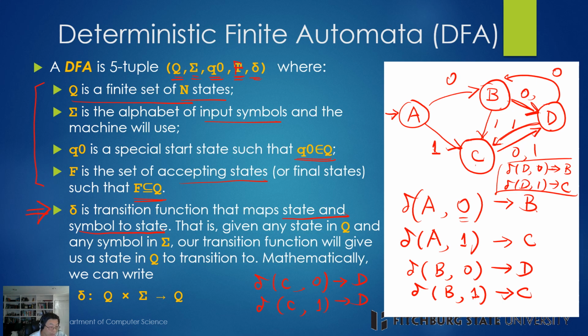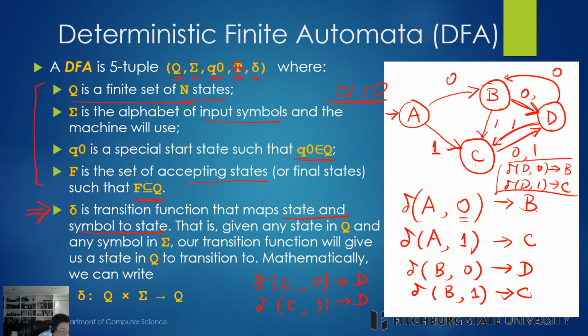Then we can decide, given the input 0, 1, 1, 0, whether this input will be accepted by this finite automata or not, right? Let's just check.